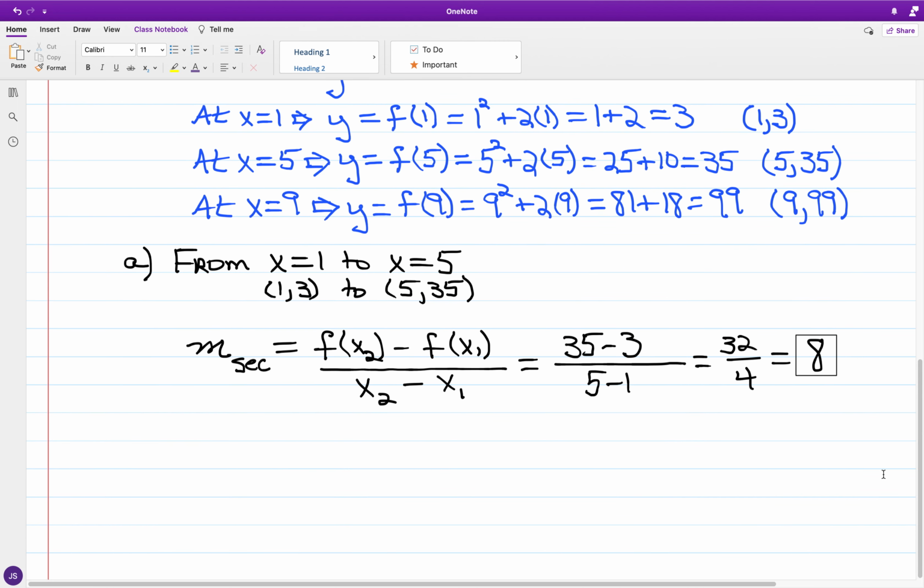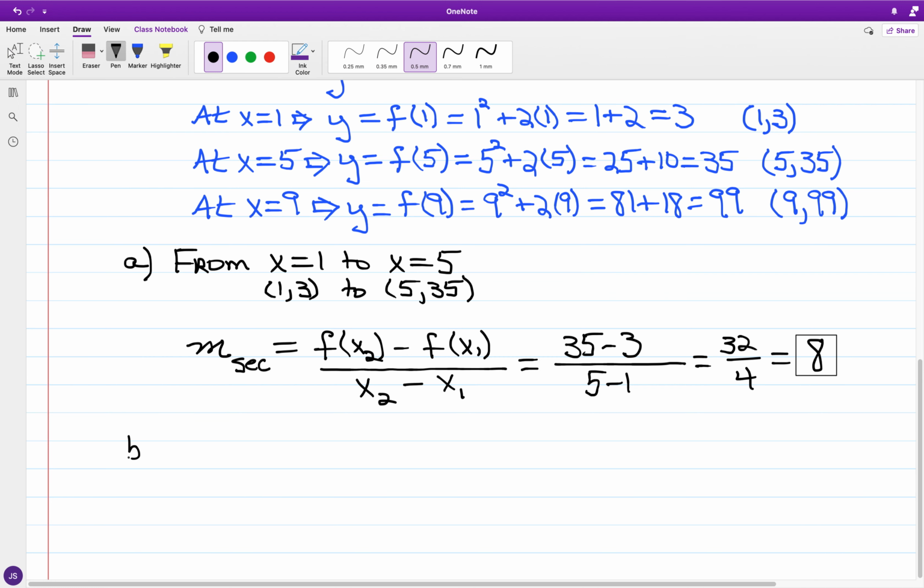Now, as we go further out along the x-axis, and we still have going from the same starting point, and this time going beyond x equals 5 out to x is equal to 9, we have going from (1, 3) out to (9, 99).